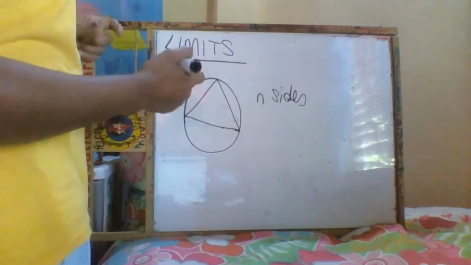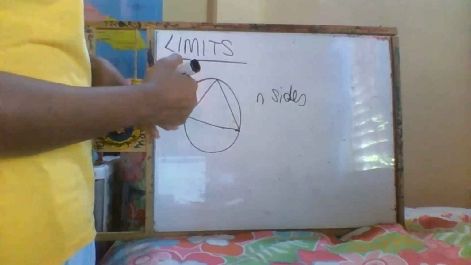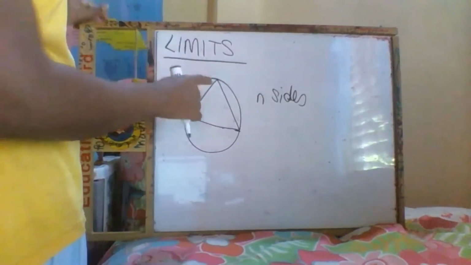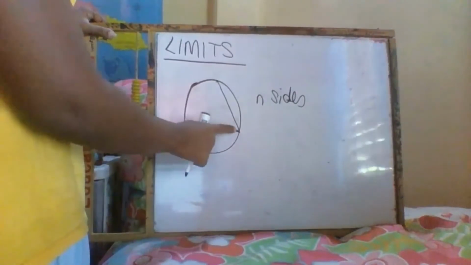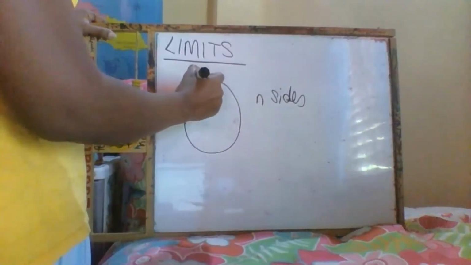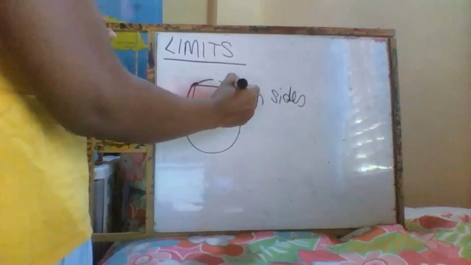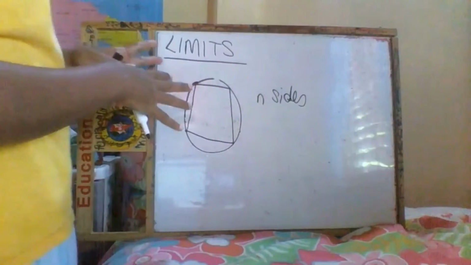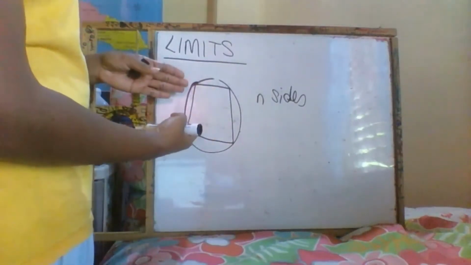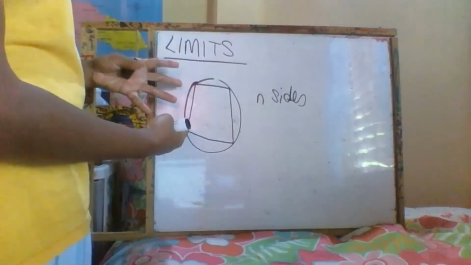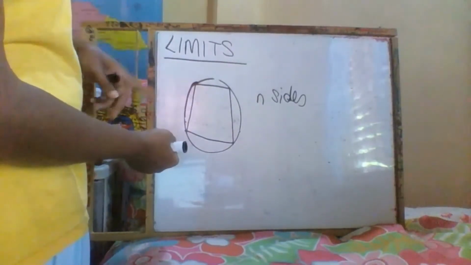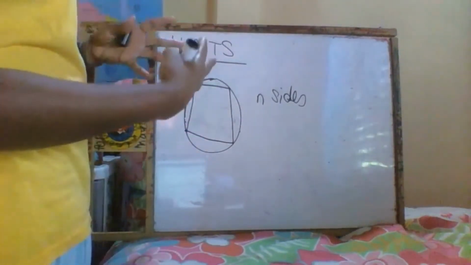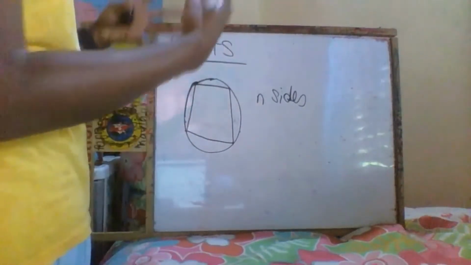Now, what if I increase the number of sides of my polygon? So instead of 3 sides, let's make it 4 sides. Then the area of my polygon has increased, but it is still less than the area of the circle. Let's say I increase again, and then I increase again, and then I increase again.